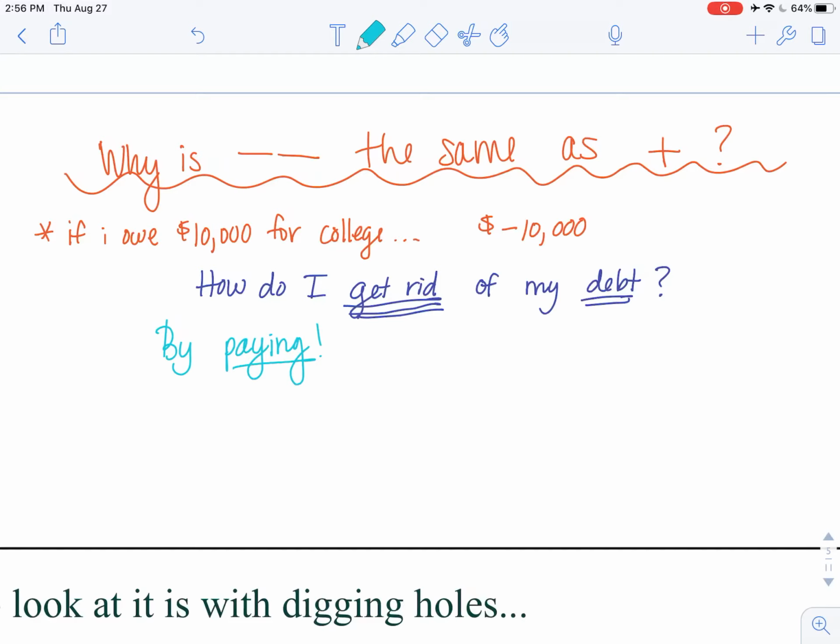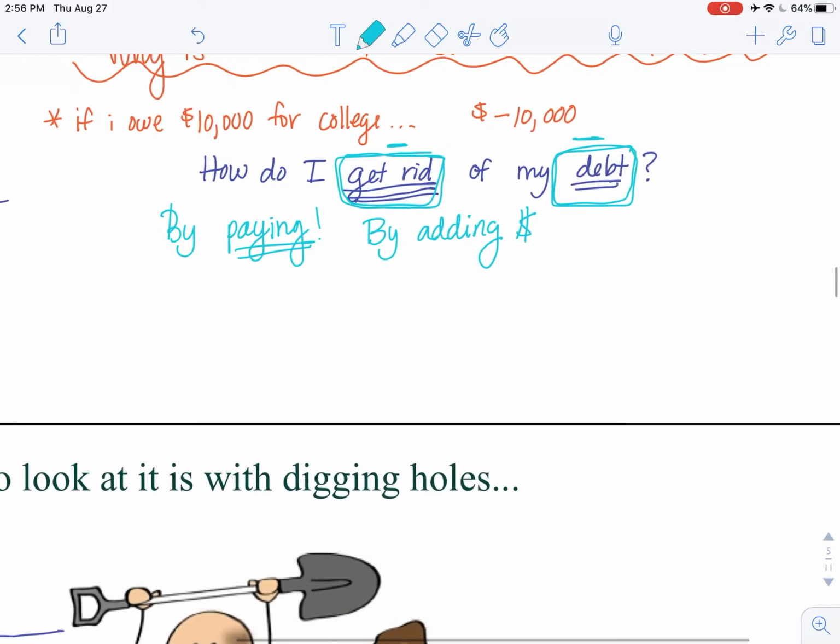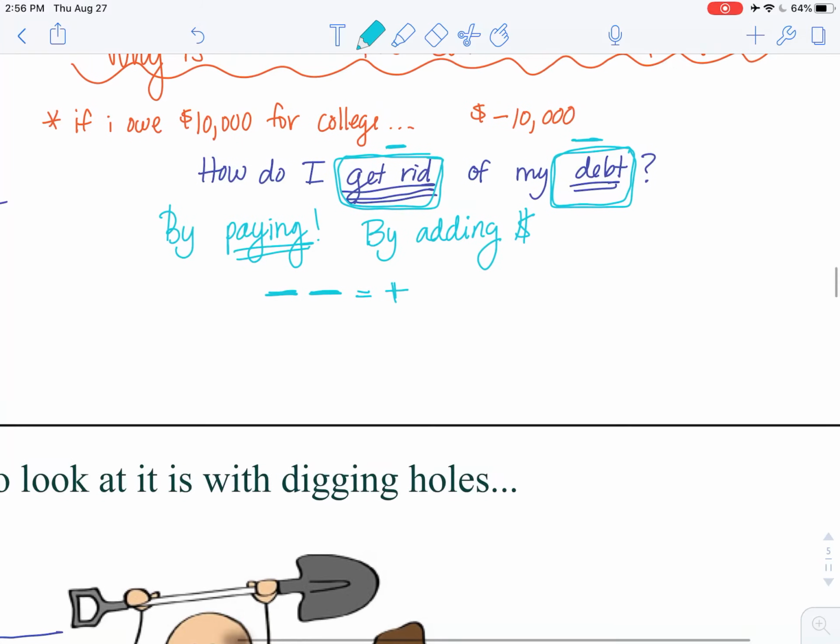That means by adding money. So I want you to look at get rid means subtract. Debt is negative. So to get rid of my negative, I need to add. So getting rid of that missing money is by adding money.